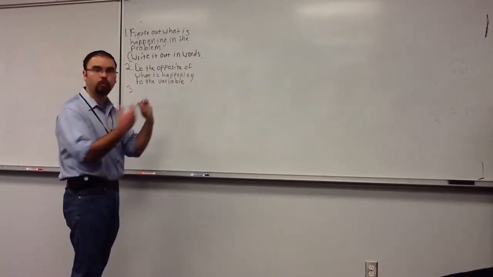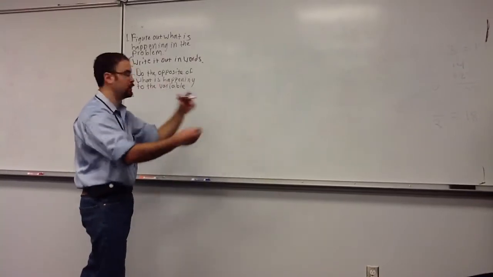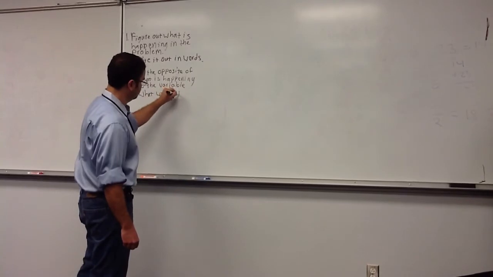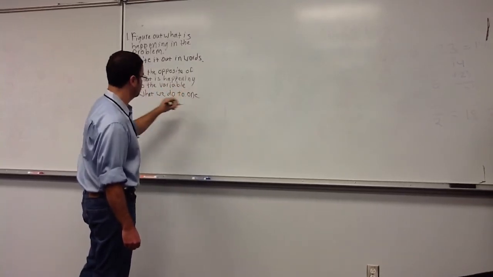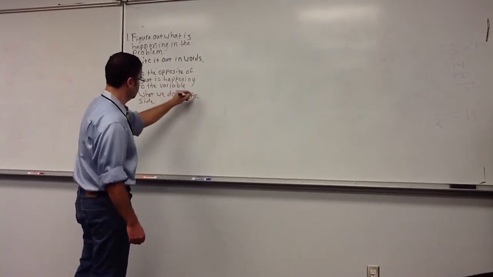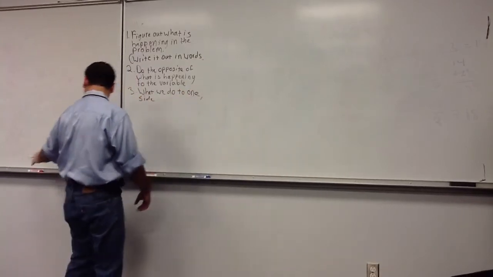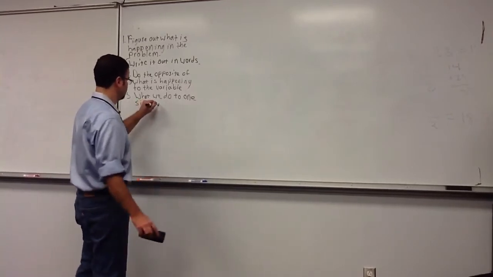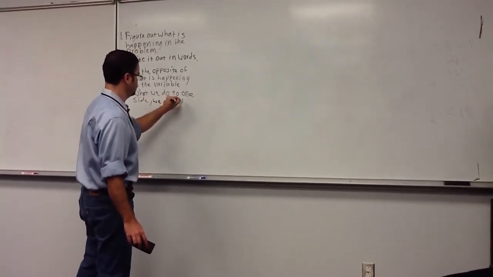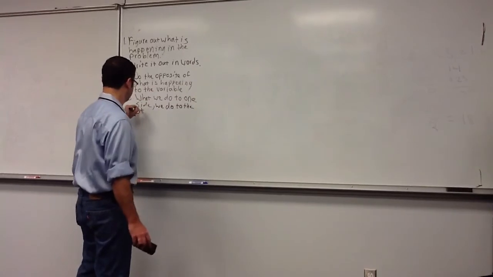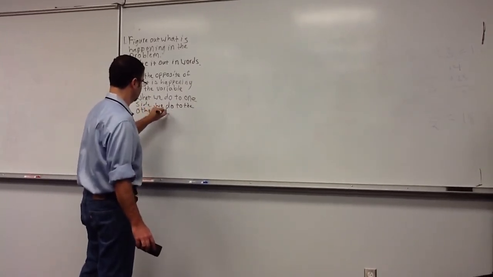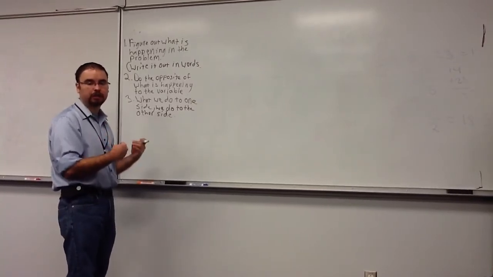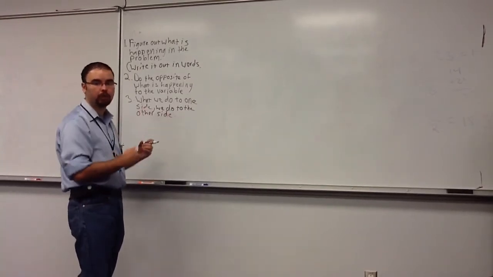Third, what we do to one side, we're going to do to the other side. Okay? This is the golden rule of mathematics. We cannot change things without changing the other side if we want them to be equal.